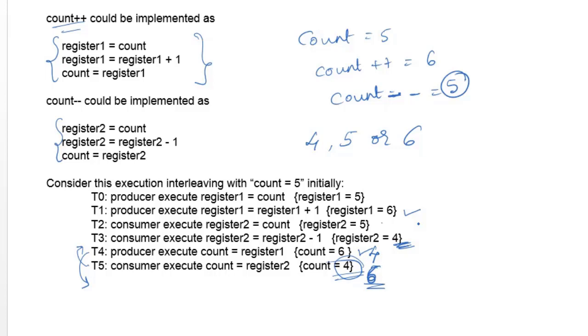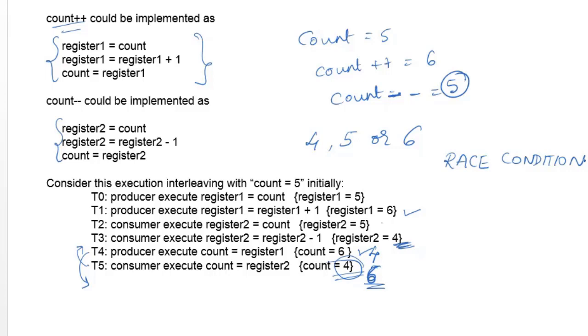Now let me introduce a term called race condition. This is a situation where multiple processes access and manipulate the same data at the same time, and the outcome depends on the order in which the access takes place.